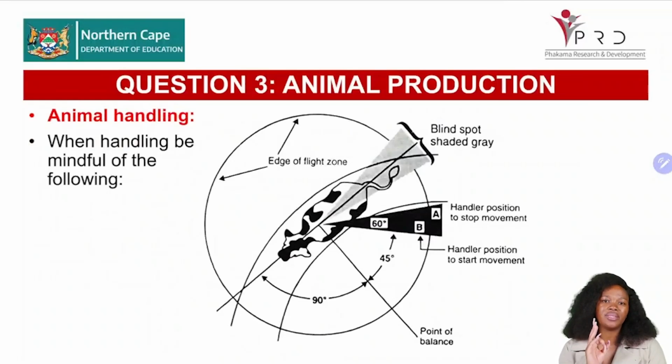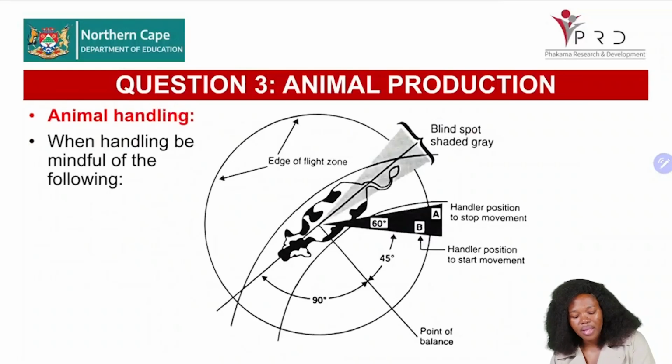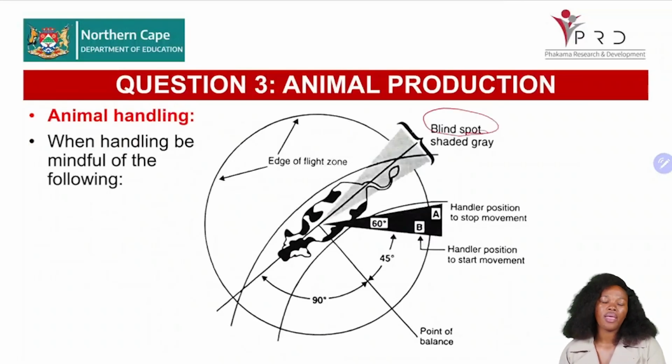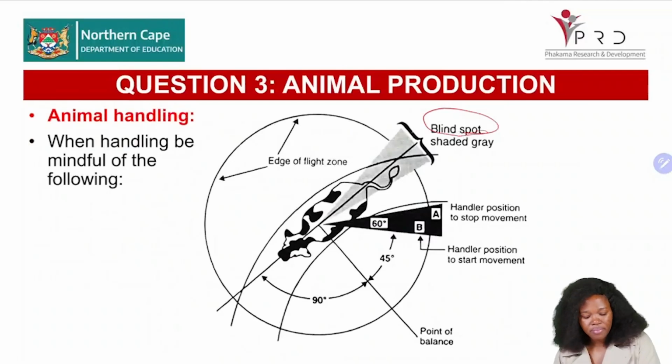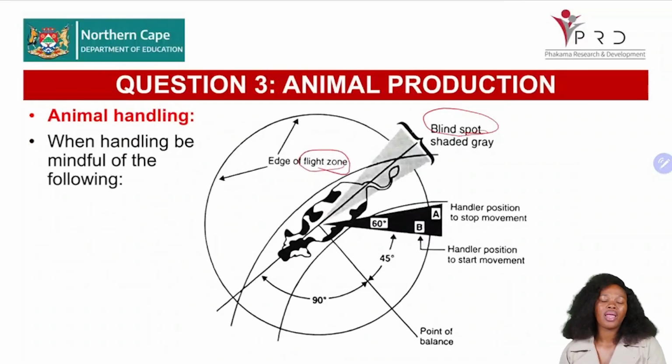The 3 important things. Firstly, the blind spot: a spot out of the animal's front line of vision, where animals cannot see. Once you approach them in their blind spot, they cannot see you. Be mindful of their blind spot. Secondly, the flight zone: a distance that a farm animal likes to keep between itself and a threat of danger.